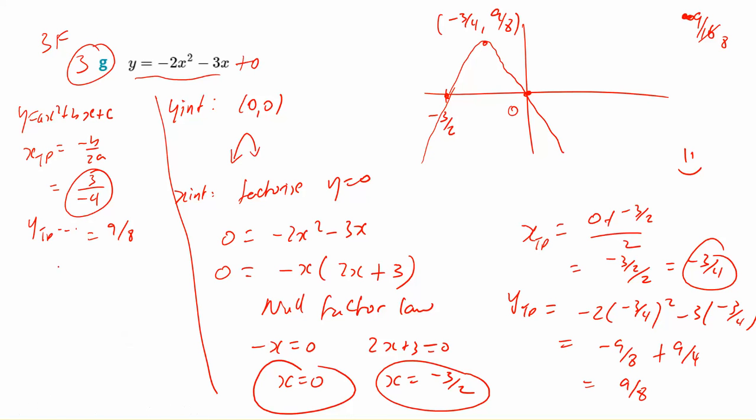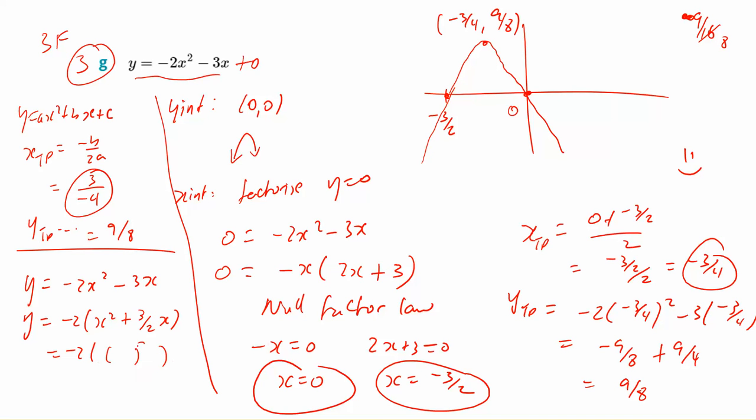Another way to get the TP directly is to use the scaffold method. So I'll show you how to do that. With the scaffold method, I take the negative factor of negative 2 out first. That leaves x squared plus 3 over 2 x, and I use the scaffold inside. So I've got x, half of 3 over 2 is 3 over 4, so positive 3 over 4, and minus 9 over 16.